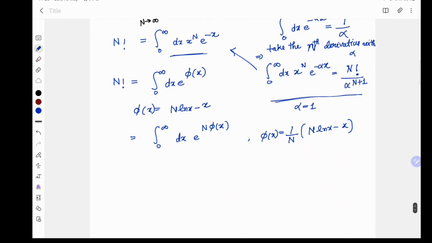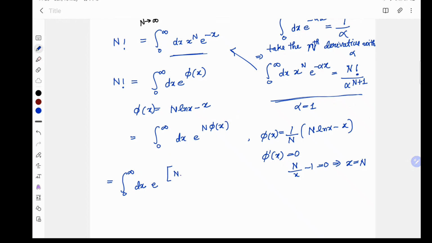Now we can use the saddle point approximation. Finding the maxima of this function, phi x prime will be 0. That means n over x minus 1 will be 0. It means it has a maxima at x equals n. So we can expand it about x equals n. The integral from 0 to infinity dx e to the power n, and this 1 over n will eventually be cancelled out, so we don't have to worry much about this n factor outside.